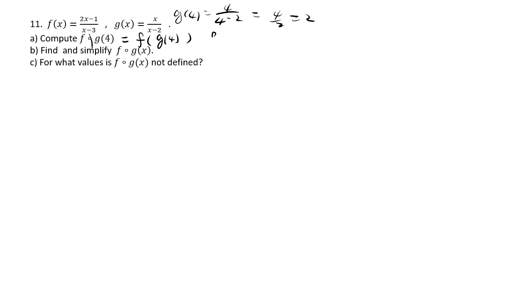So you're looking for f of 2, because g of 4 is 2. f of 2 is 2 times 2 minus 1, 2 minus 3, 4 minus 1, that's positive 3, 2 minus 3 is negative 1, so you have negative 3. Okay, so g of 4 is 2, and f compose g of 4 is negative 3.